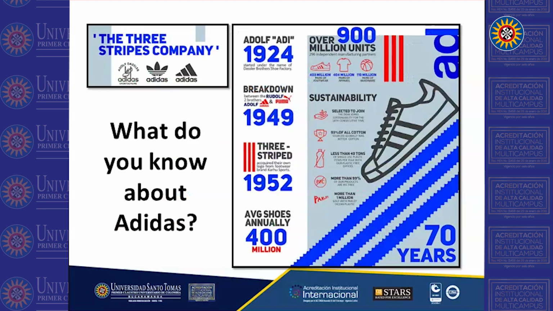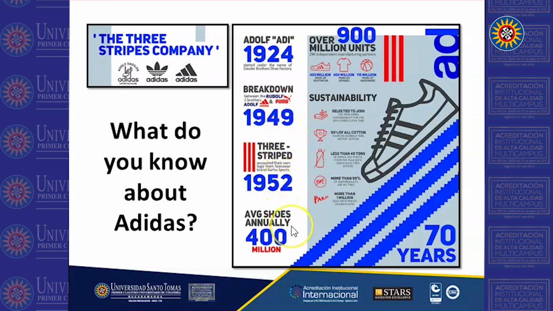Now, look at these infographics. What do you know about Adidas? I'm sure you are very familiar with the logo, but did you know that Adolf started this company with the name of the Dassler Brothers Shoe Factory in 1924? Or did you know that these two brothers, as you saw in the video, broke apart in 1949?